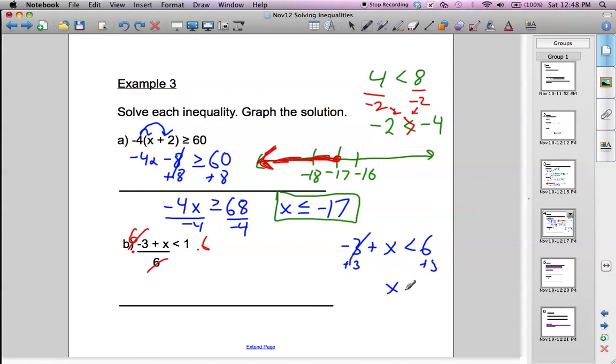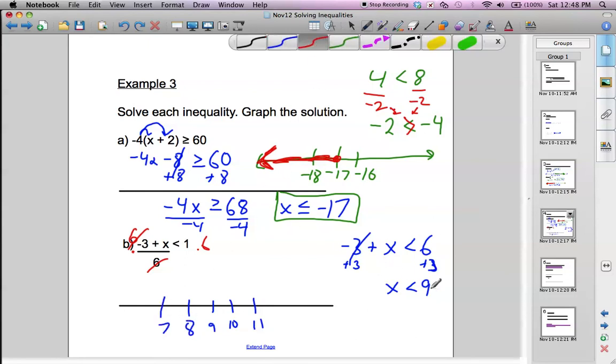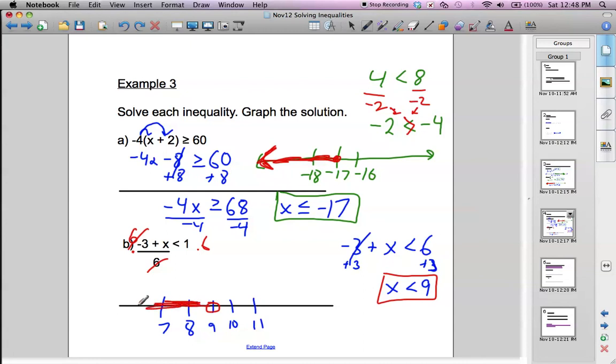We get x is less than 9. So x is less than 9, we'll put a 9 there, 10, 11, 8, 7. And graphing, 9 is not included, it's less than 9, so we need a hollow dot. Less than 9 goes this way. Okay, so there you go, there's your solution.